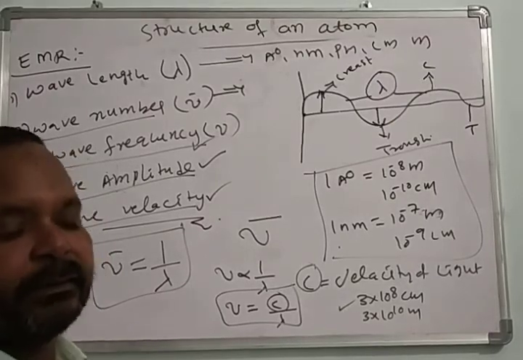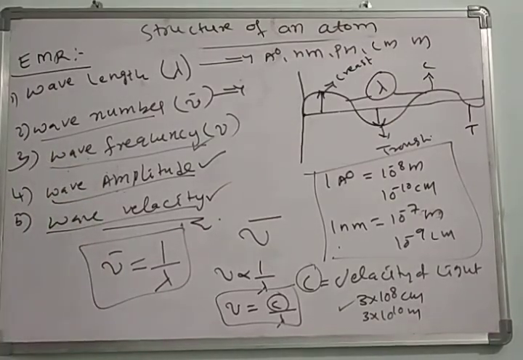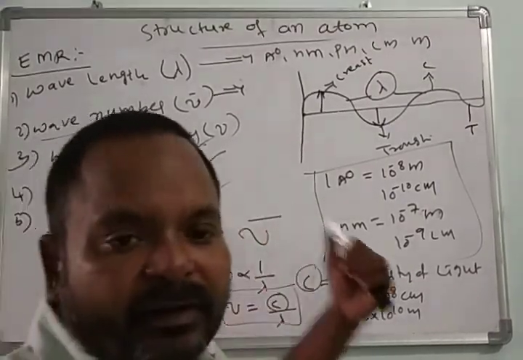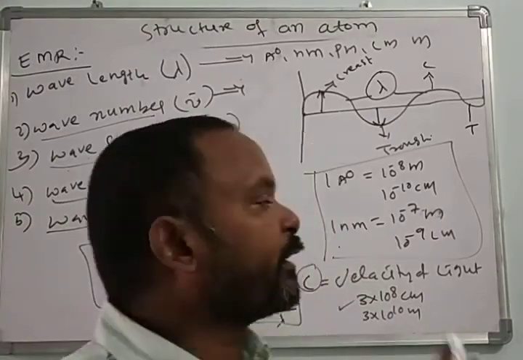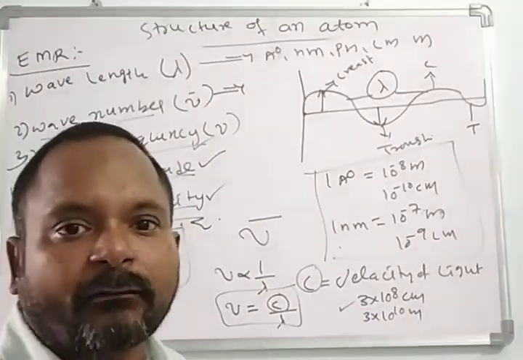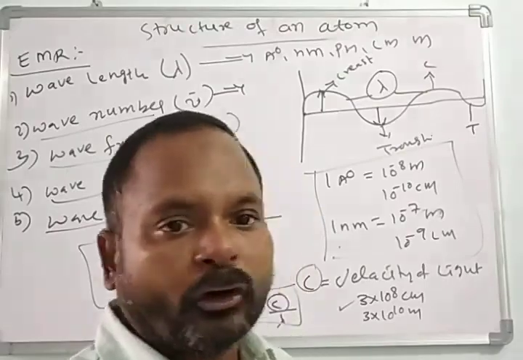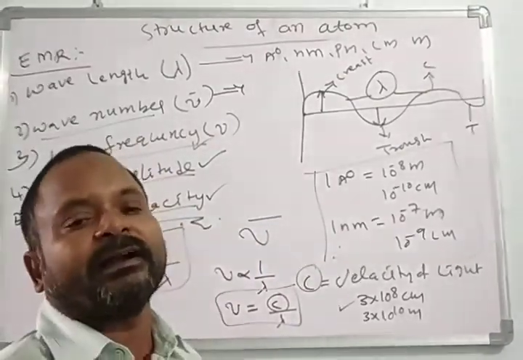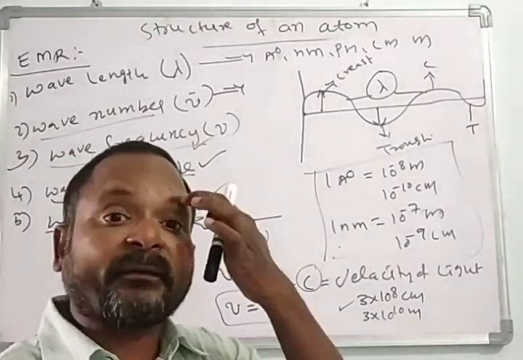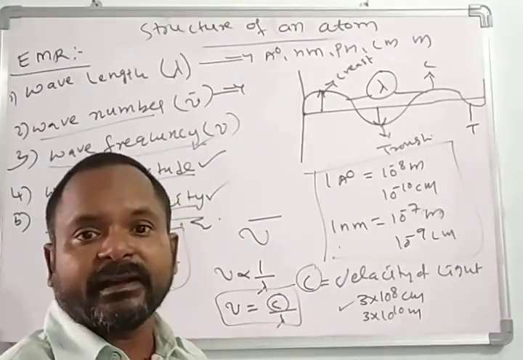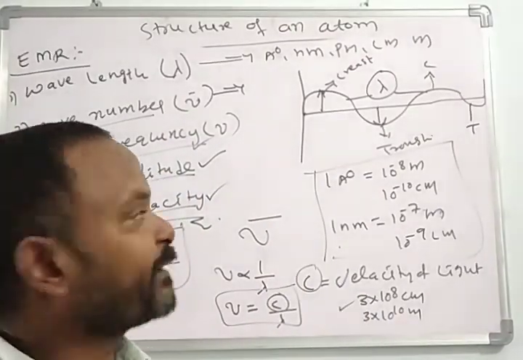Based on electromagnetic radiation, we have to explain one more theory, Planck's quantum theory, and Bohr's theory. Before that we'll see the photoelectric effect. We'll see those topics in continuation in the next video.